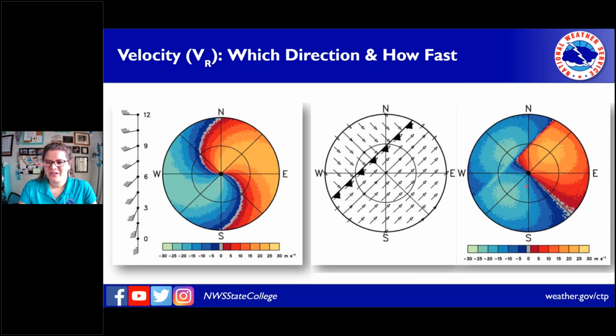So when we look at our velocity image here, there's a lot of funky things going on. At the surface, we have our blues and our reds showing us that wind is coming from the southwest and going towards the northeast. So we have a southwest wind at the surface.